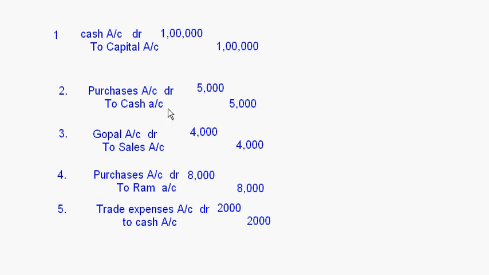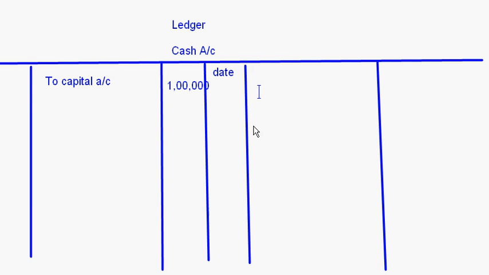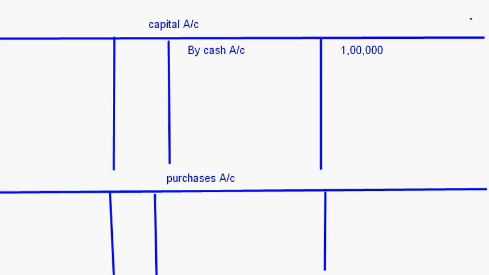Then the next journal entry is purchases to cash, right? So in cash you will have by purchases. By purchases the amount is 5,000, and in the purchases account you will have to cash 5,000, right?